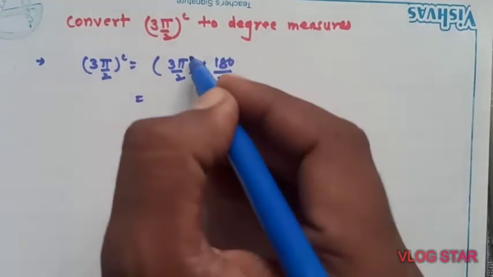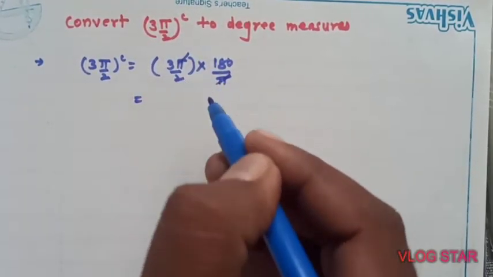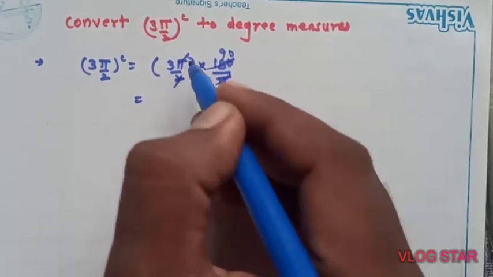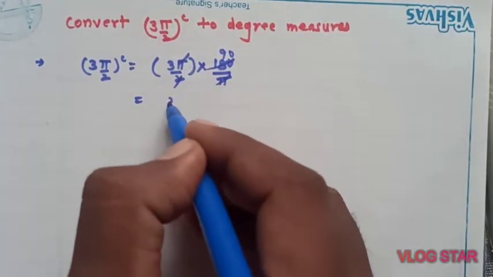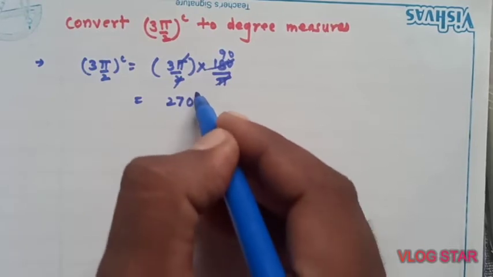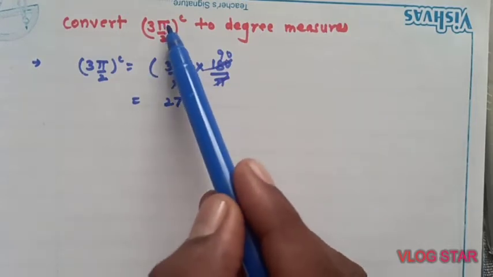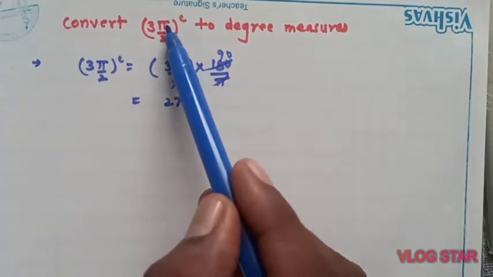So simplify it, pi gets cancelled. So 2, this is 90, so 3 times 90 is 270 degree.